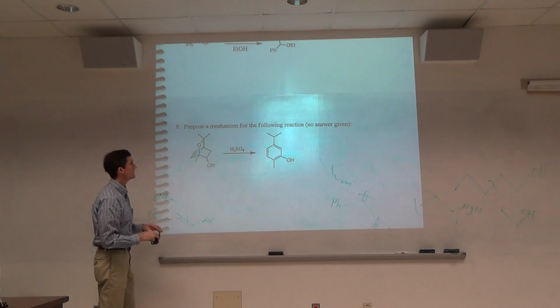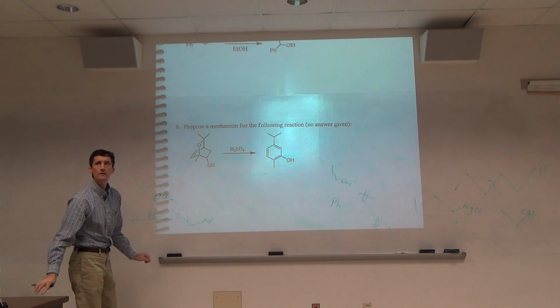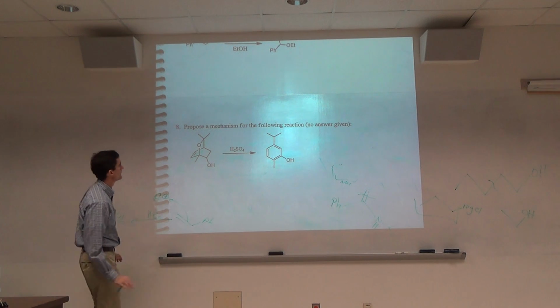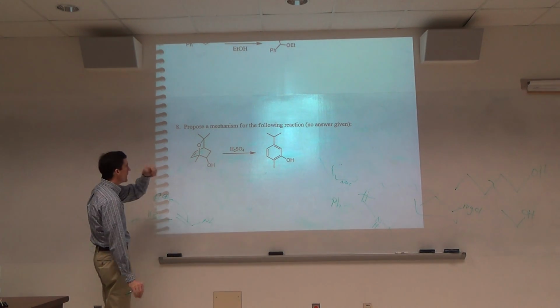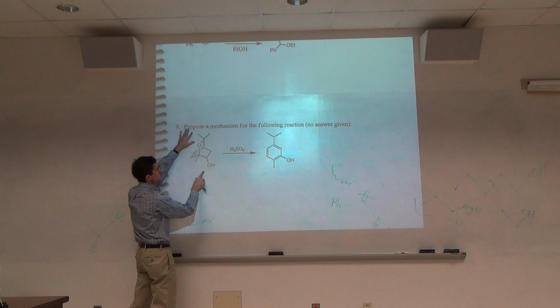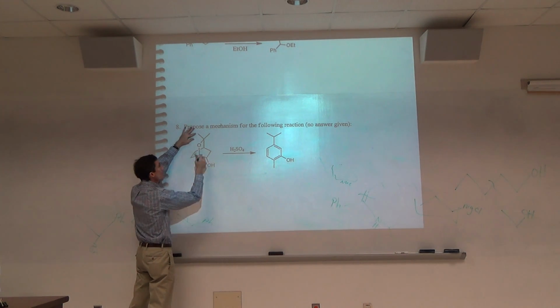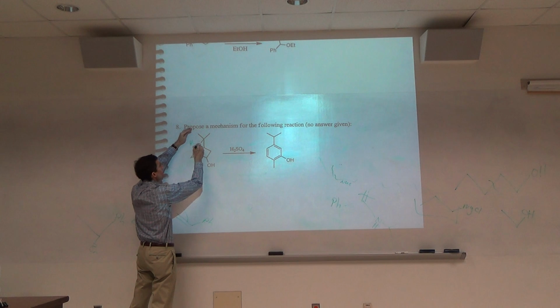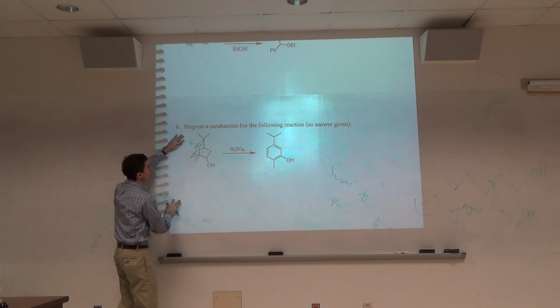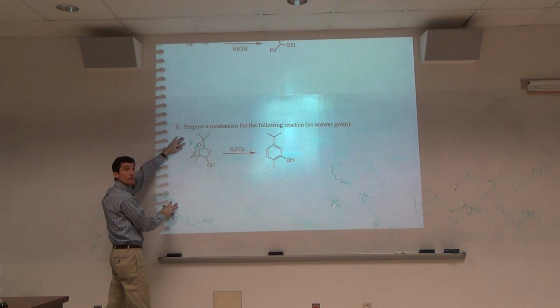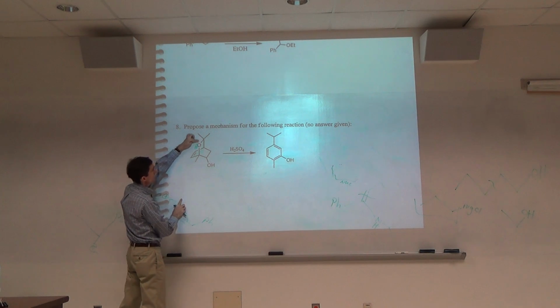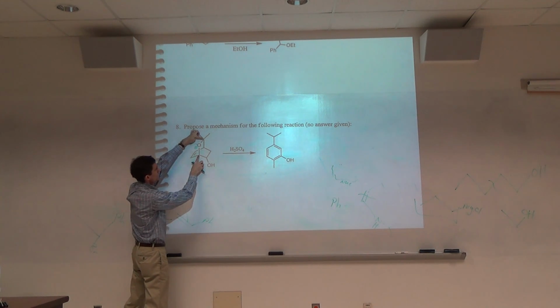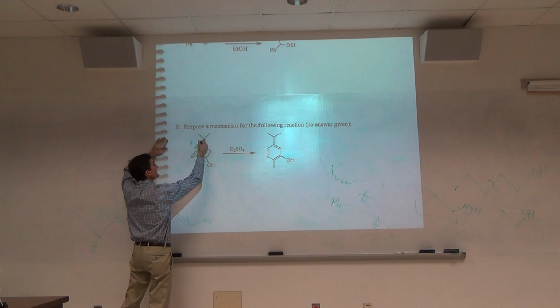Is that your question? Yeah, I'm just having a hard time with the way that it's structured. I know that you have to coordinate the oxygen. What do you want to do first? The top one. Okay, let's just coordinate it. We can show that mechanism. Now what do you want to do? Open up. So you want the oxygen to leave which carbon, the top one or the bottom? Top. Let it leave the top one.